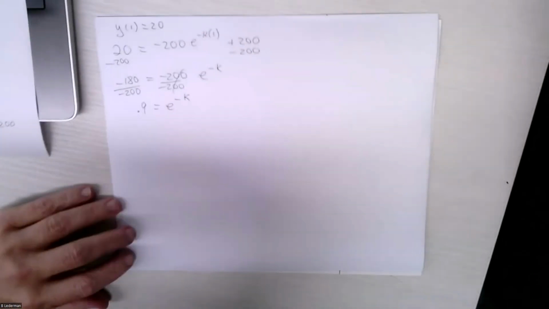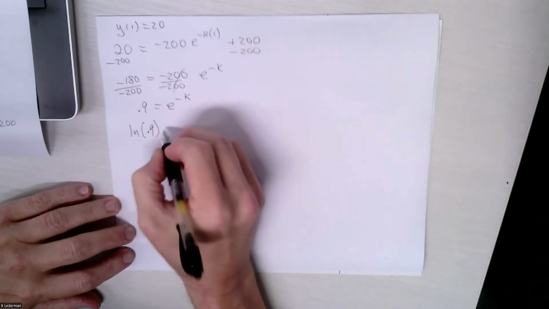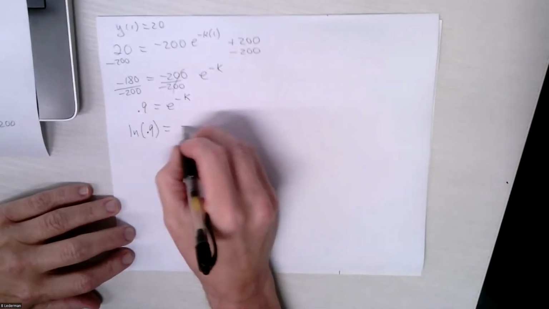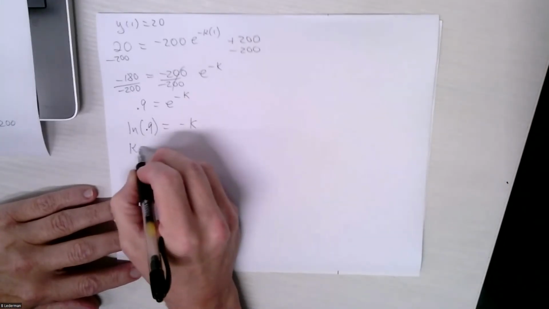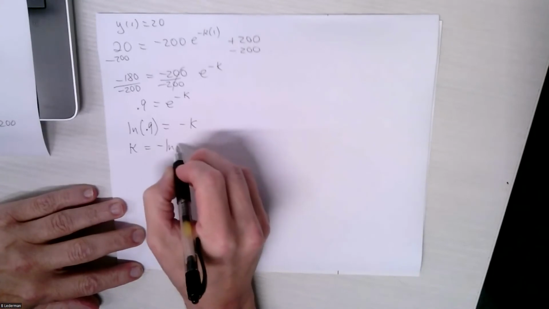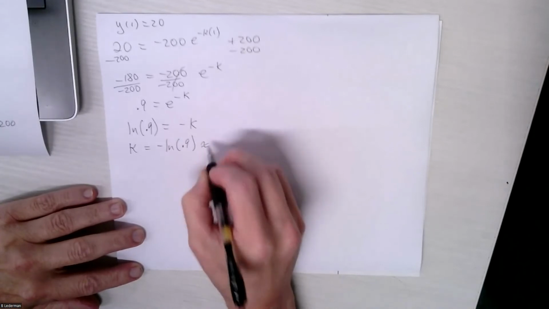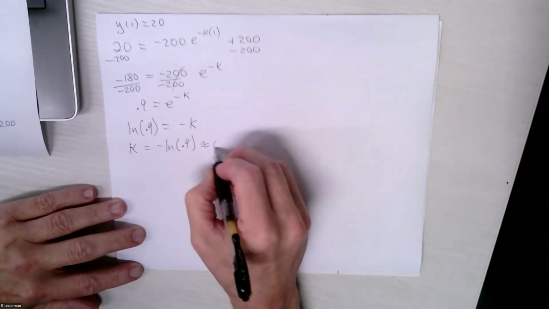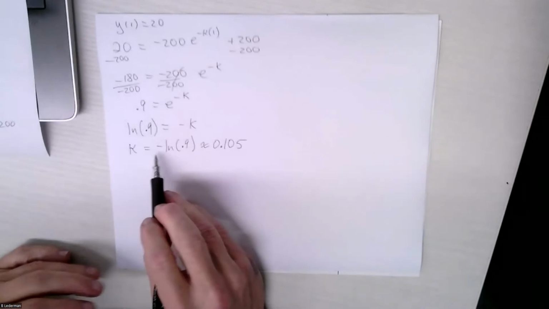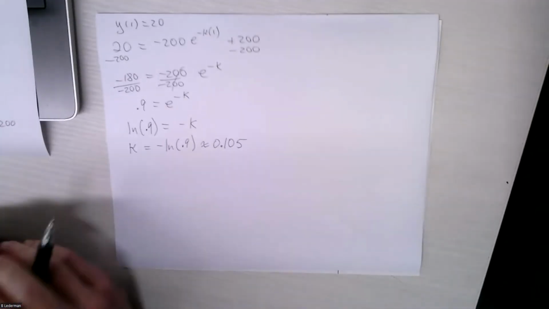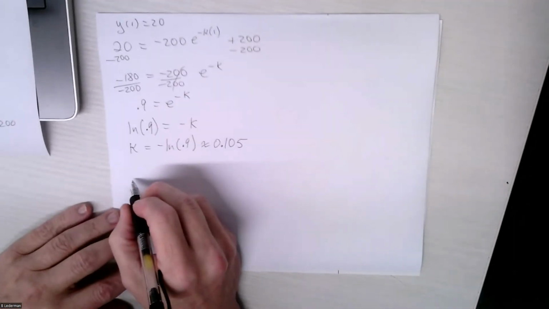If I take the ln of each side, I get ln of 0.9 equals negative k. So k equals negative ln 0.9, and that's approximately 0.105 with a calculator. By the way, ln of 0.9 is negative, and the negative times the negative gives me the positive.